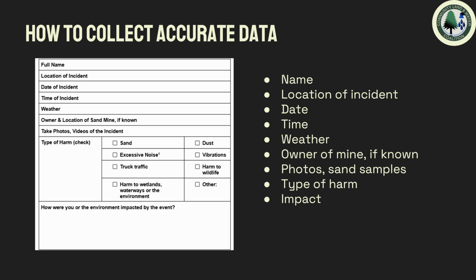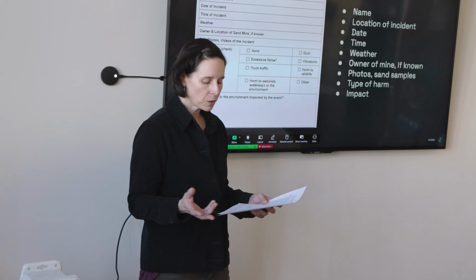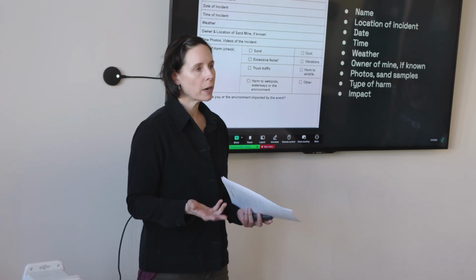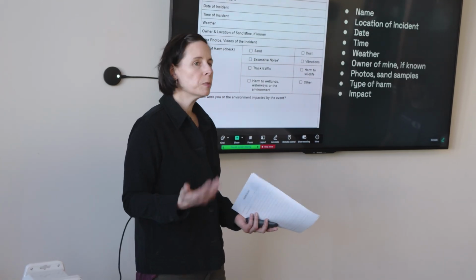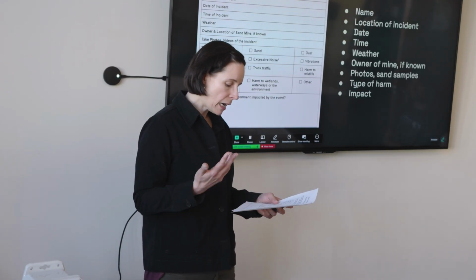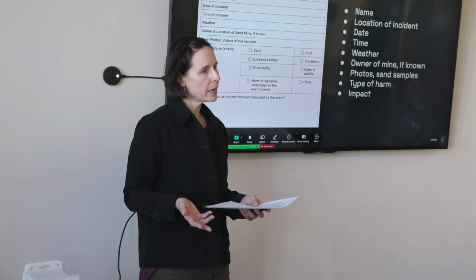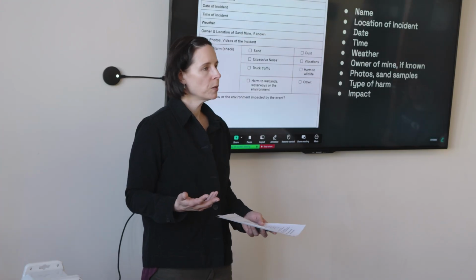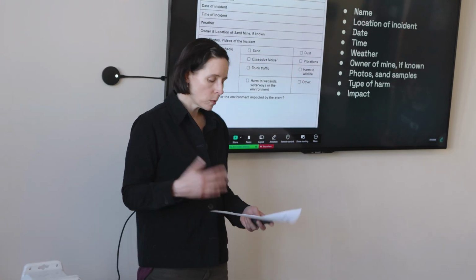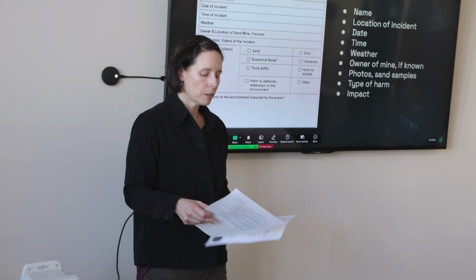If it was sand itself, if it was excessive noise, if it was truck traffic, if it was harm to wetlands, dust on your home or breathing air, vibrations on your home, harm to wildlife or other. So be specific about what type of harm you experienced. And then a statement about how you were personally impacted by the event. This is important to show that you experienced personal harm in regard to these mines. And we're looking for just concrete data on these.